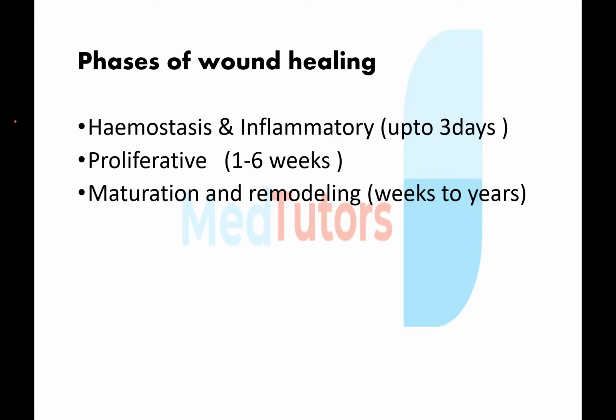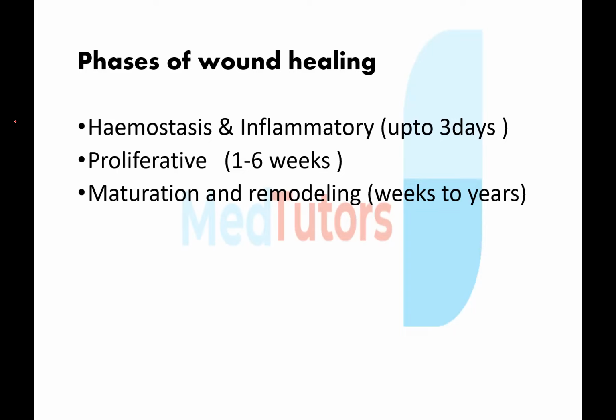For example, there's a foreign body there. It's going to prolong the inflammation. There's infection there. It's going to prolong the inflammation. Hence, that wound will transform into a chronic wound.